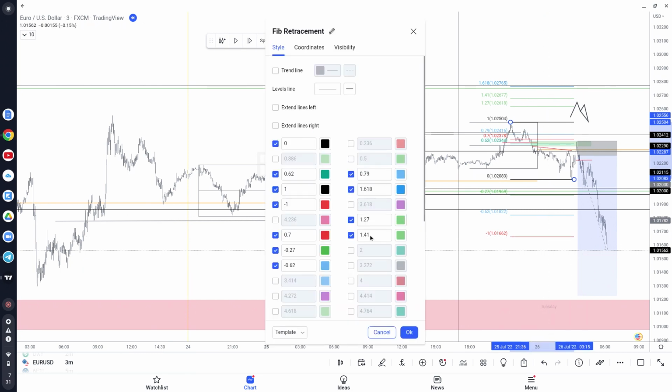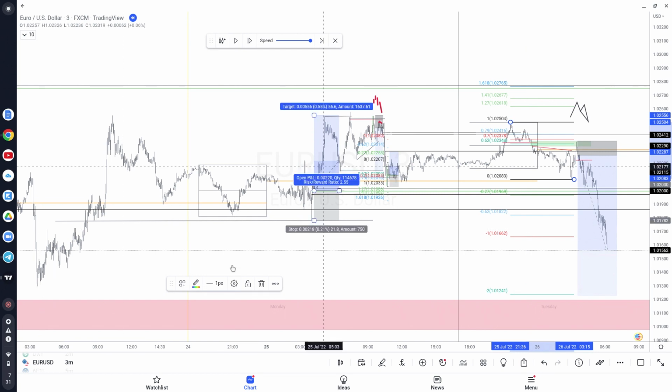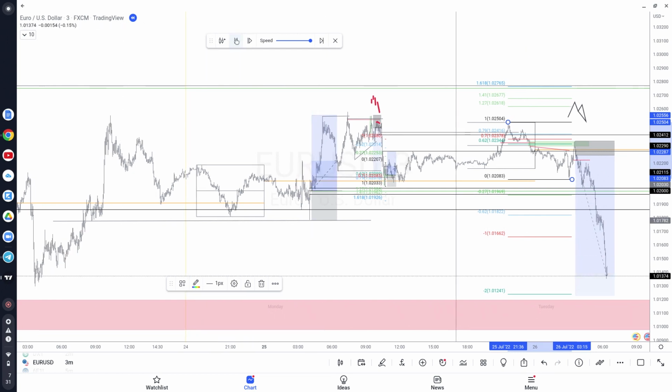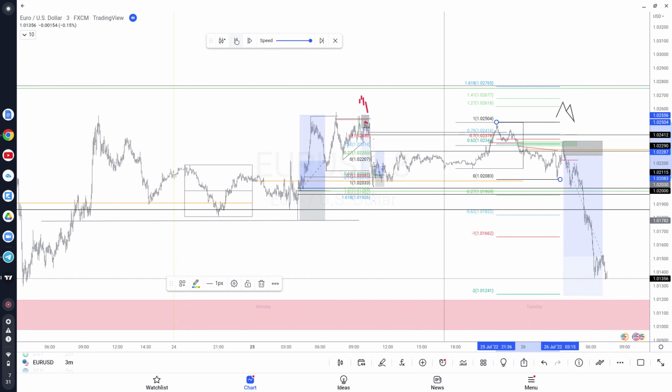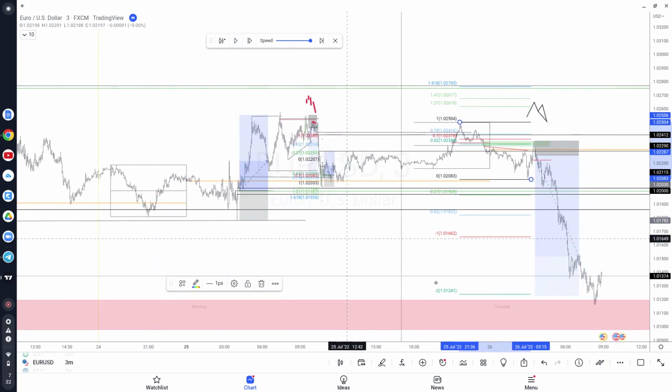Let me add 2 on here. Okay, so you could take this level here, which aligns with this liquidity pool right here, as an overall target. Okay, so that's that.